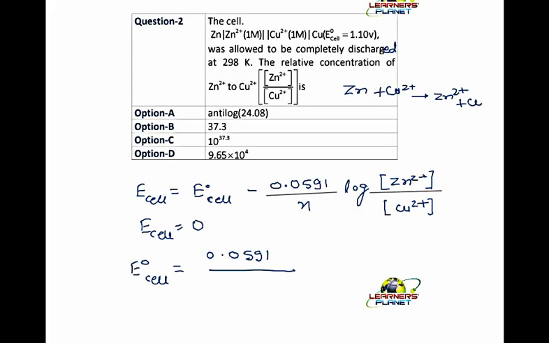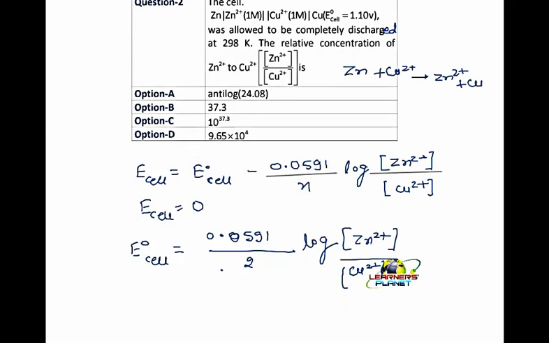There are 2 electrons. Right? So N is equal to 2. Then log Zn2 plus upon Cu2 plus.